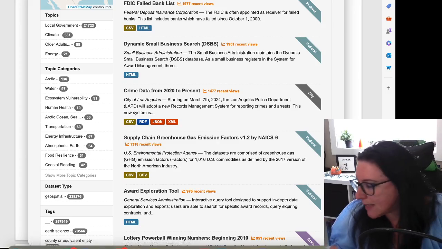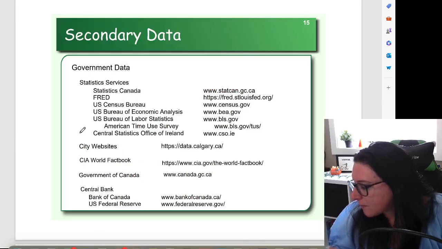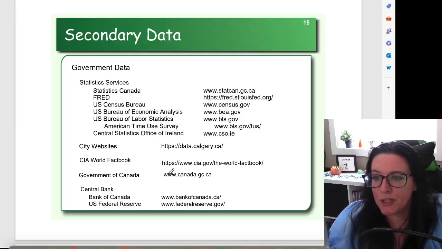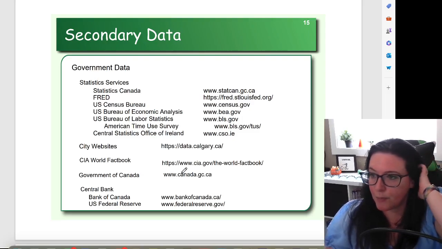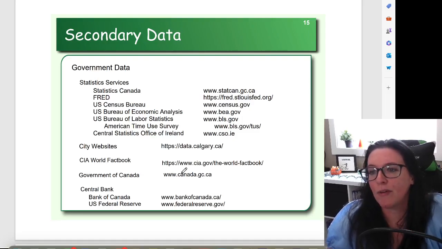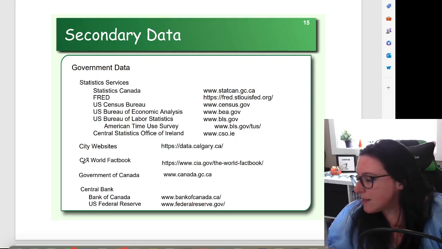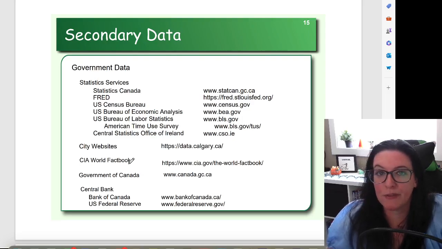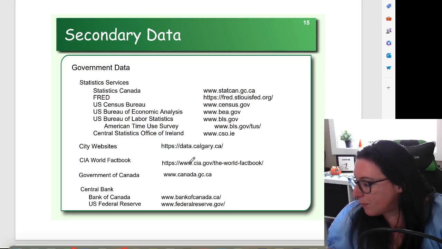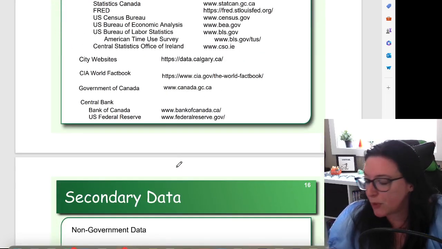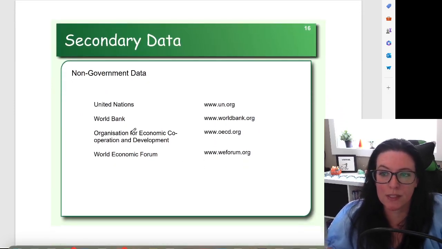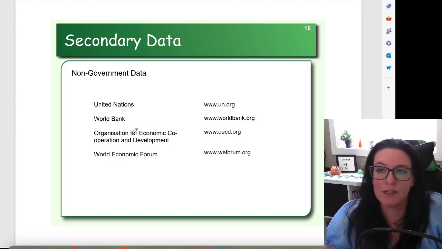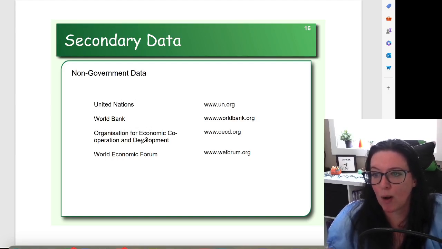So, secondary data analysis. You can get information from governments themselves. You can get, for example, budget information from the government of Canada or the US. You can get information specific to countries and what's happening in places like the CIA World Factbook. You can also get information from non-government sources like the World Bank, United Nations, the Organization for Economic Cooperation and Development, the World Economic Forum.